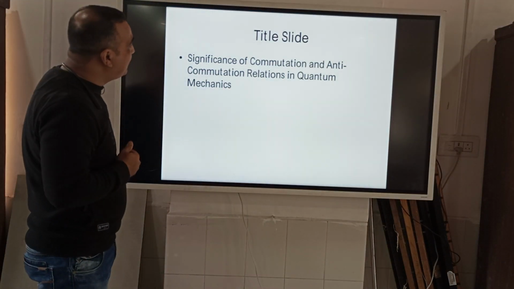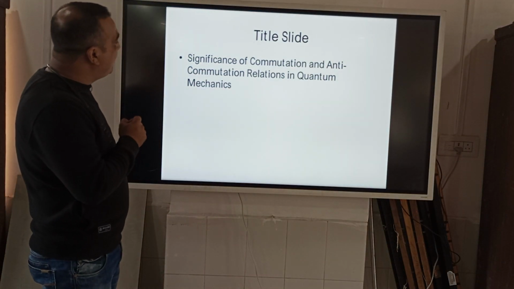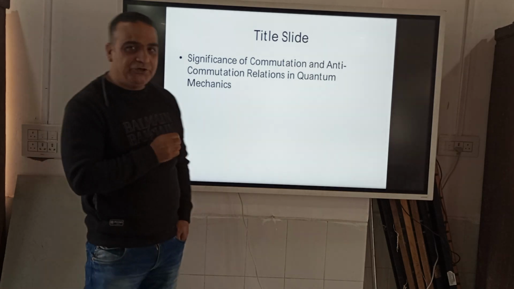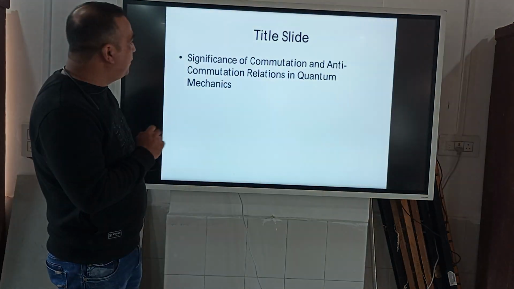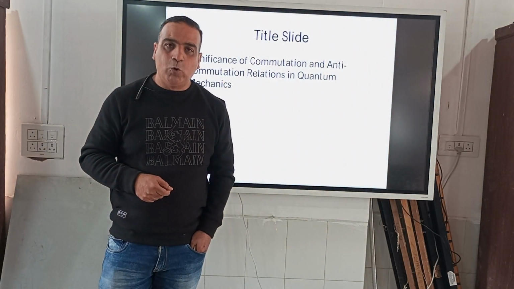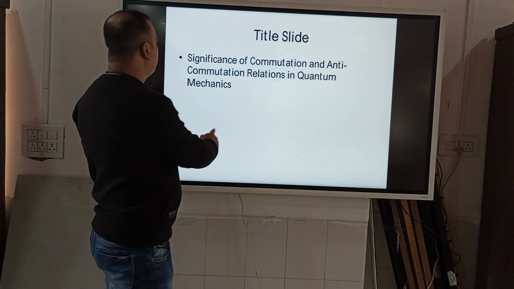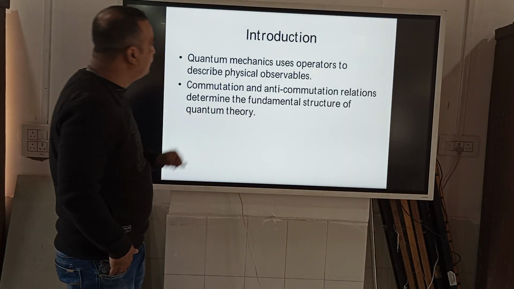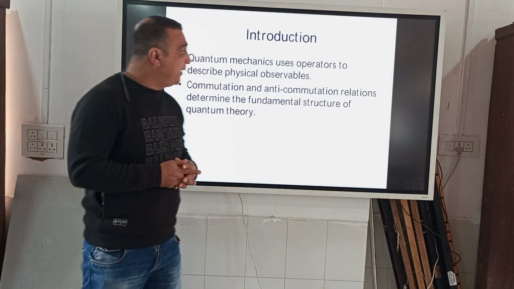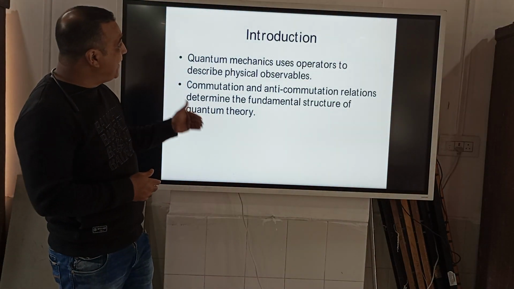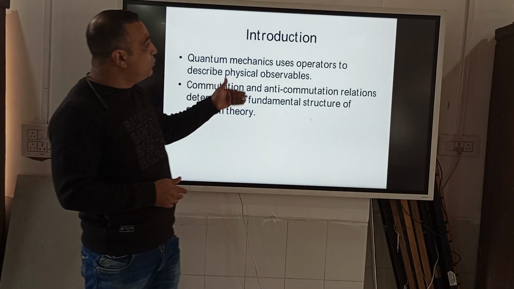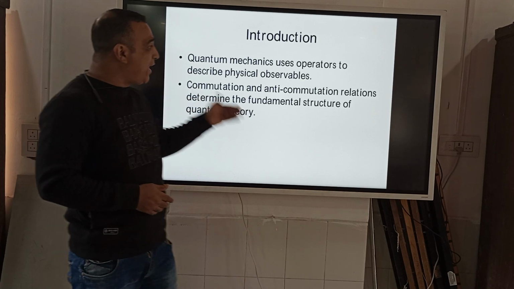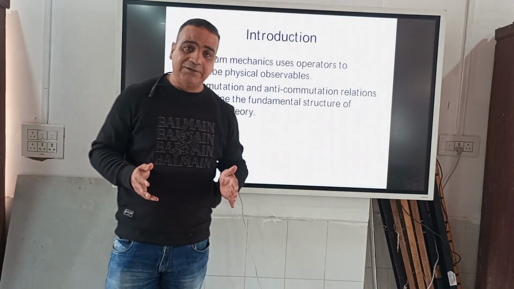So this is my title slide. I'll be talking about the significance of commutation and anti-commutation relations in quantum mechanics. To start with, in quantum mechanics, we use operators to describe the physical observables.